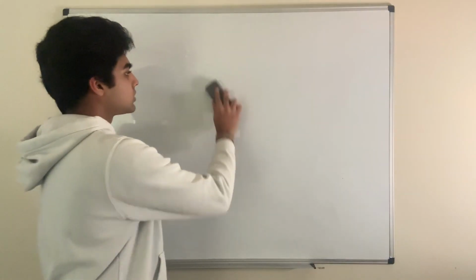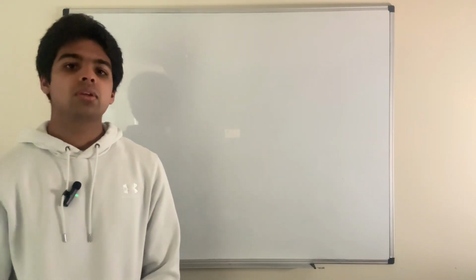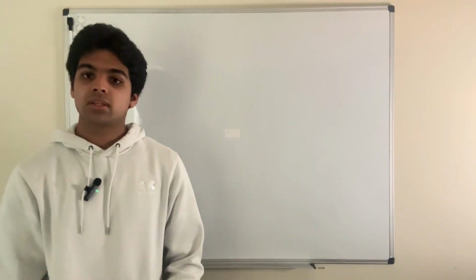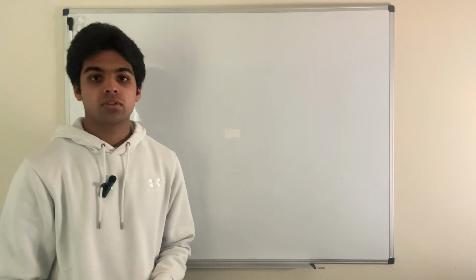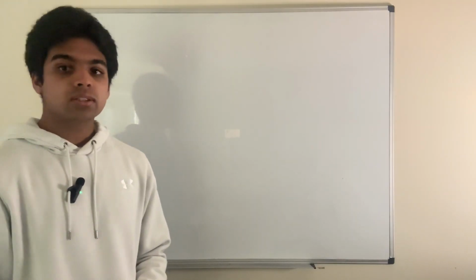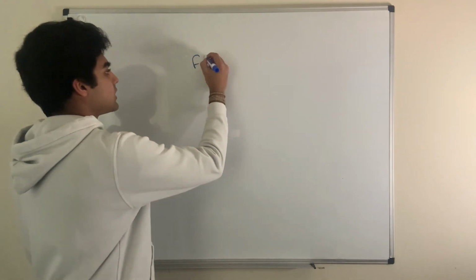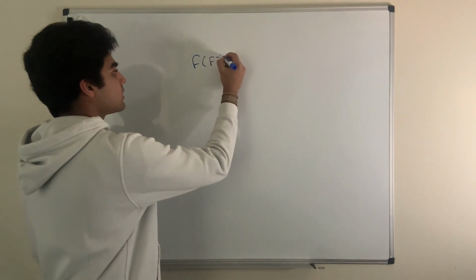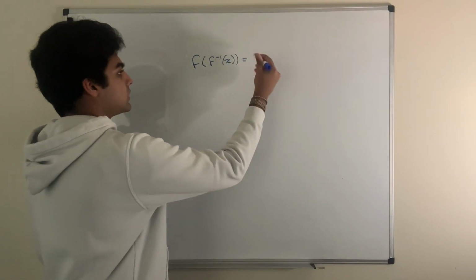Okay, so with that being said, that was just a little bit of pre-calc review with inverse functions. So let's get into the calculus of it. So what if we wanted to find the derivative of an inverse function? We can start with the exact same equation: f of f inverse x is equal to x.